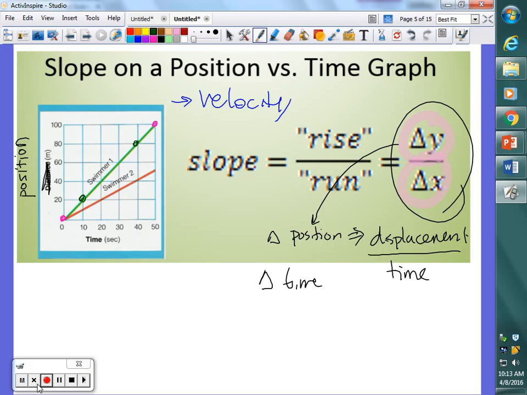Also, if we take a look at units, right? What unit is on the y-axis? Meters. What unit's on the x-axis? Seconds. Meters over seconds, that's the unit for what? Velocity, right? So even from a unit standpoint, we're pretty good. Okay? Does that make sense? Go ahead. Would you have to change it if it was kilometers?